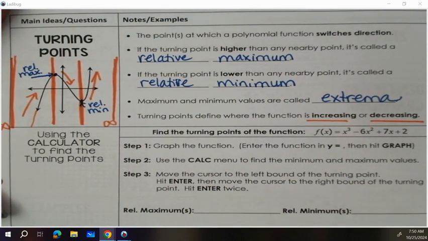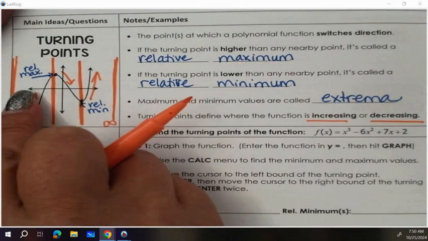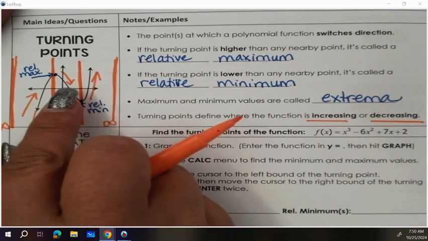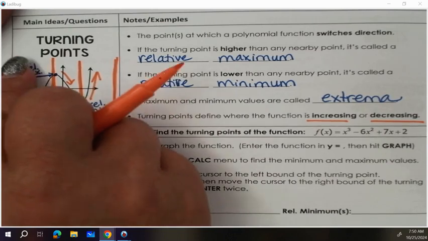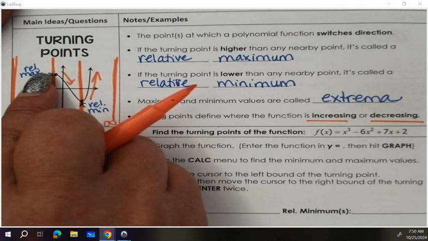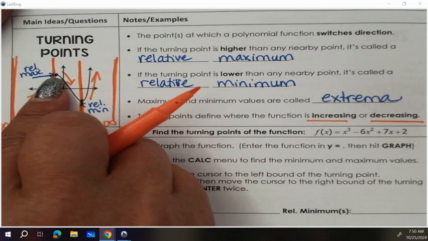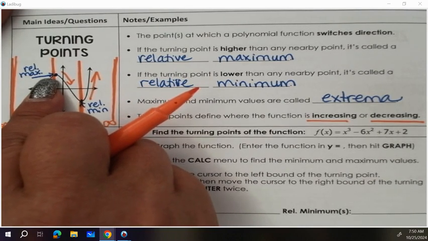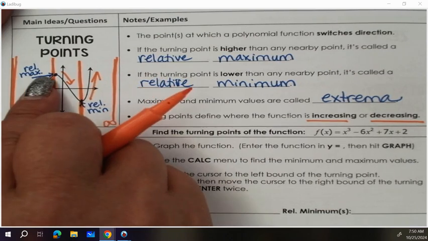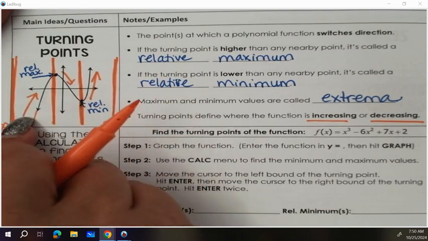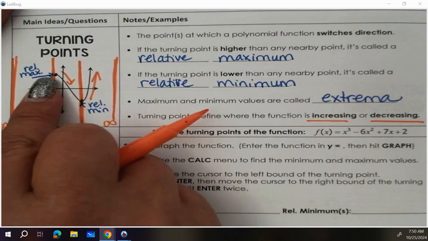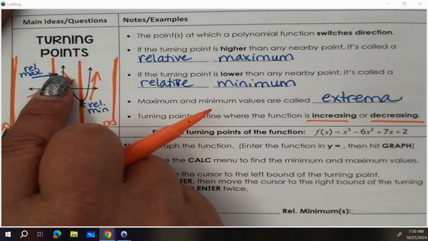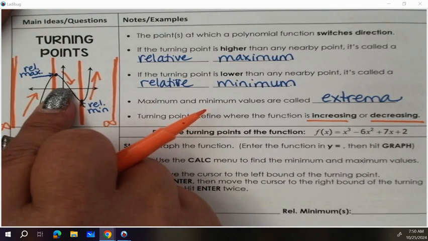All right, so that's what it's called. Now, when you're listing out these spots, you use the X value. If this is like negative 2, you'd say from negative infinity to negative 2, we're increasing. Then negative 2 to 3, you're decreasing.